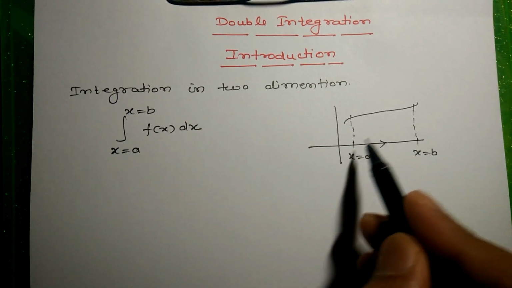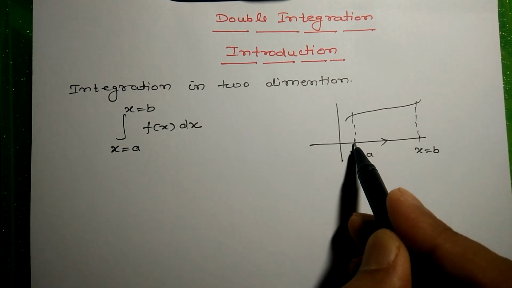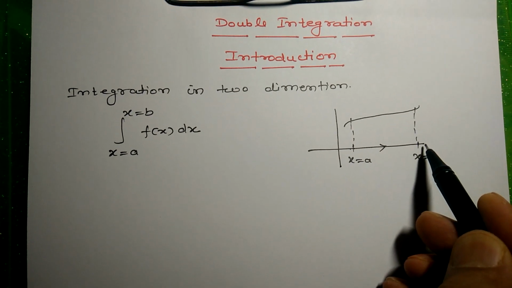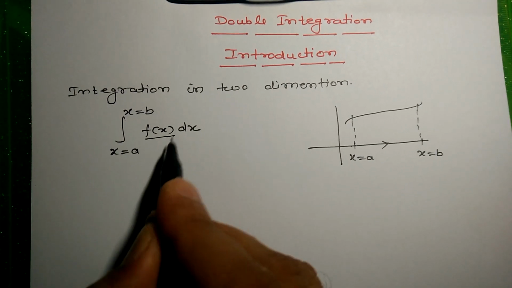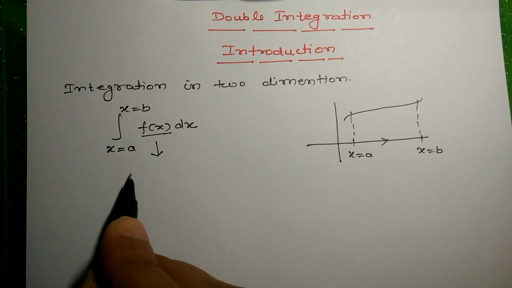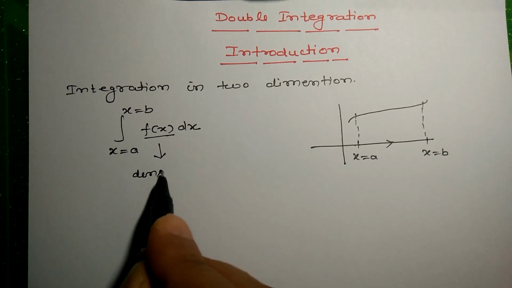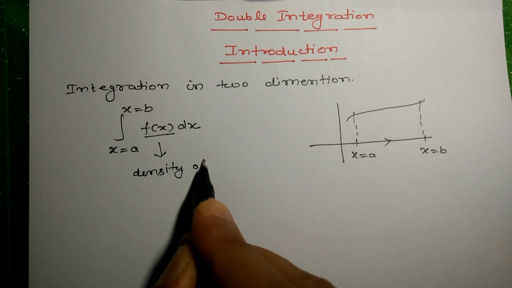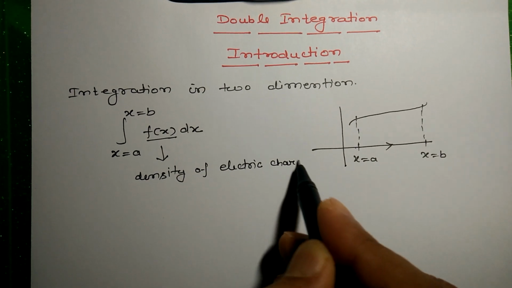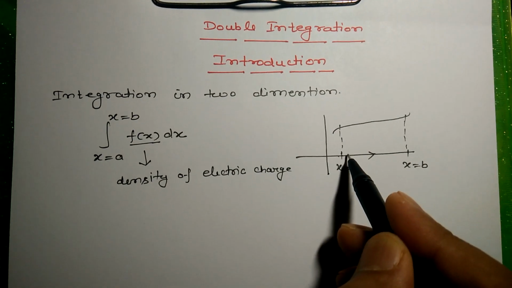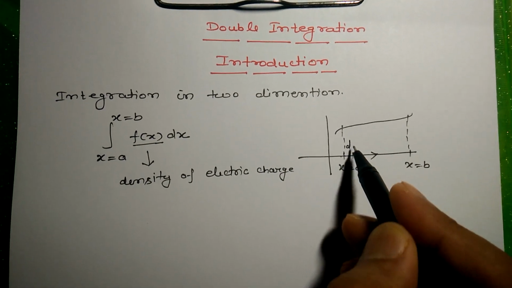But suppose x from a to b is just a conductor wire, a straight wire, and f(x) is representing the density of electric charge. So how much electric charge will be present in length dx?